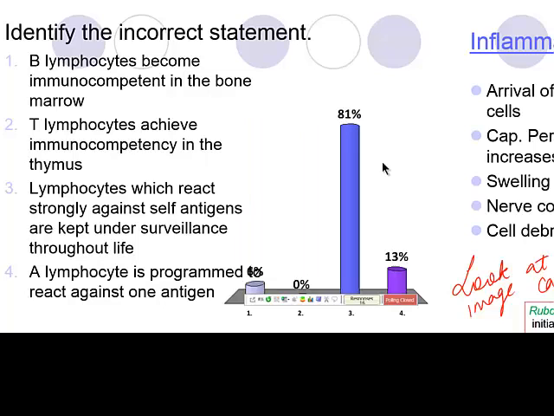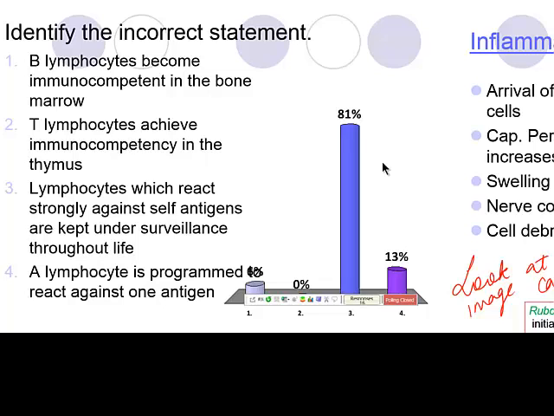Very good. Yes, lymphocytes which react strongly against self-antigens, that means they recognize and will react against them, are killed. They are not kept under surveillance throughout life. You do not want someone who's going to harm you, lurking around your body throughout life and monitoring them.